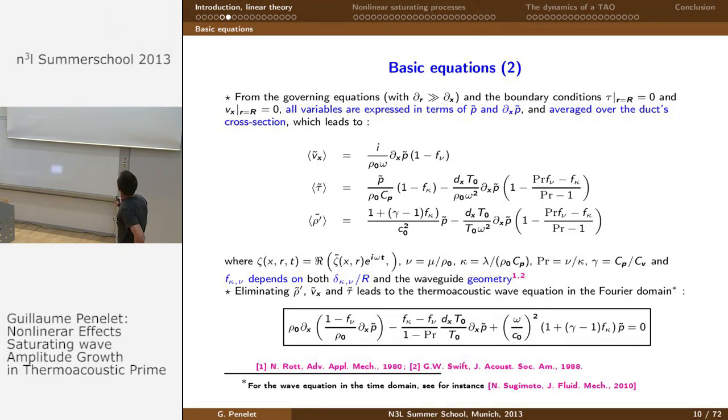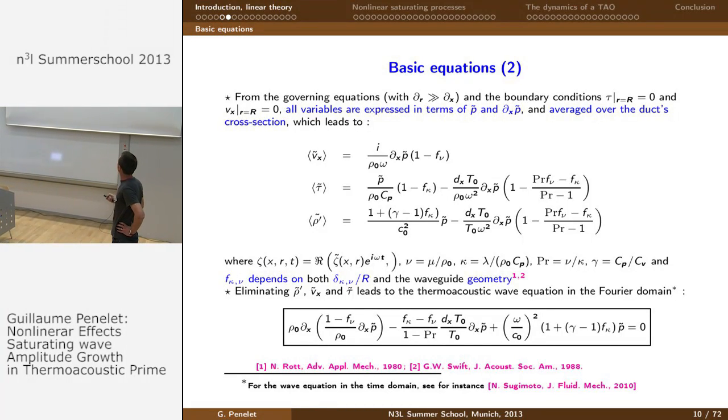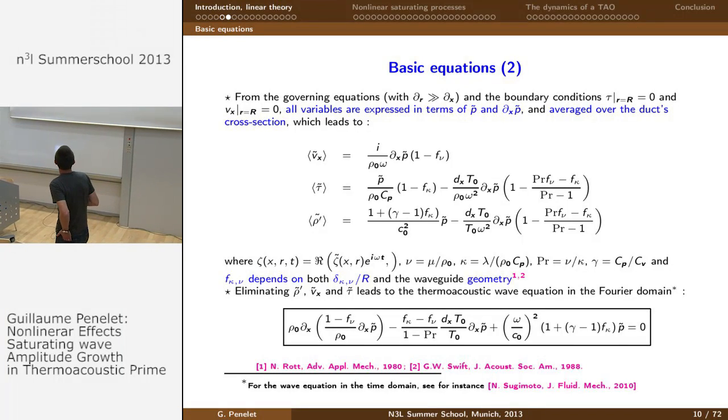In this equation, there are some viscous and thermal functions which describe the thermoacoustic process. And these functions depend on the ratio of the thermal and the viscous boundary layer thicknesses to the radius of the duct, and they also depend on the geometry of the waveguide.